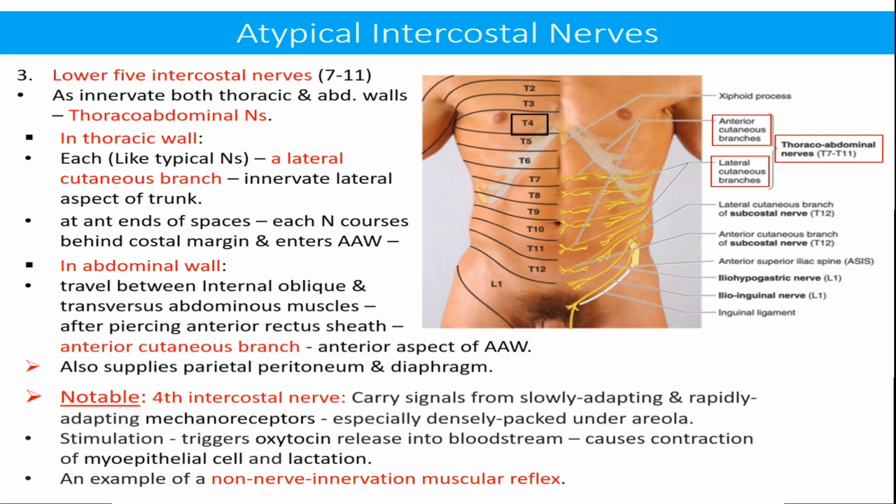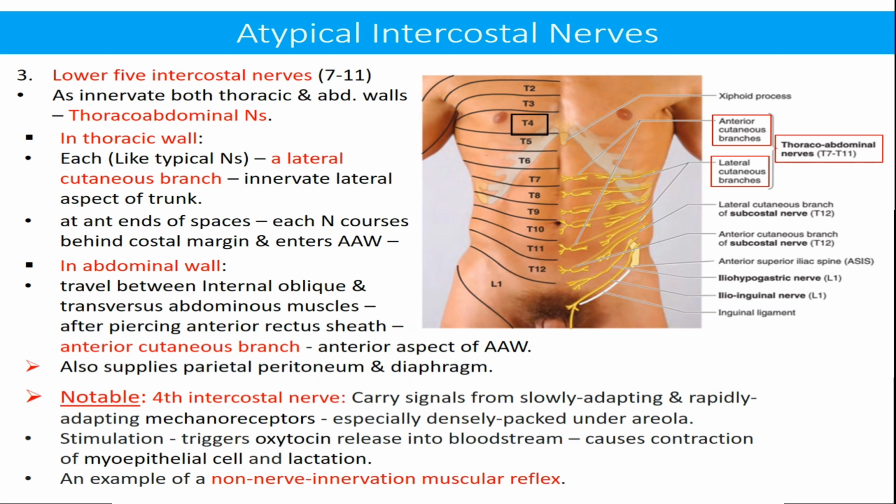One notable point is that the fourth intercostal nerve carries signals from slowly adapting and rapidly adapting mechanoreceptors, which are especially densely packed under the areola, and the fourth intercostal nerve innervates the areola part of the breast.